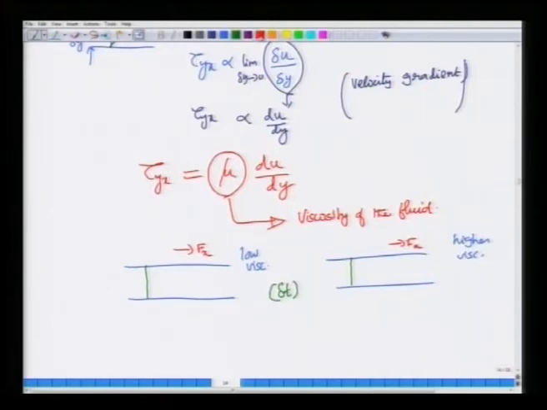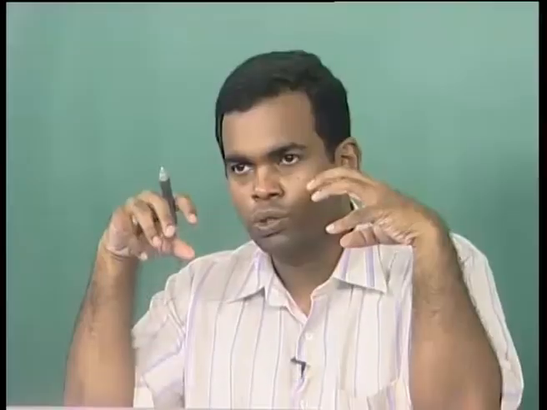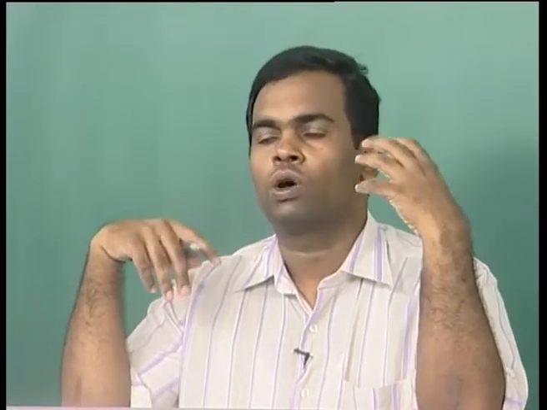You will find that the lower viscosity fluid would have deformed more compared to the higher viscosity fluid at the same time, but if you are prepared to wait long enough, at higher values of delta t, even the higher viscosity fluid will achieve the same amount of deformation. So, in simple terms, a solid cares how much you deform, the stress is proportional to the amount of deformation, while a liquid cares how fast you deform.